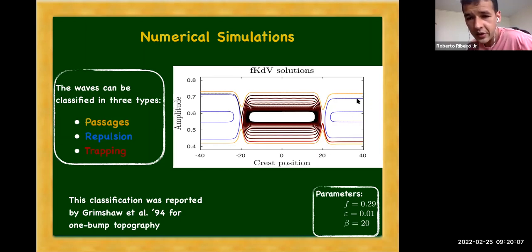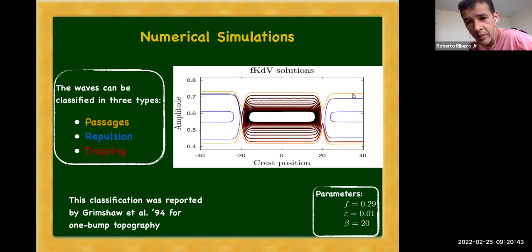So let's start here. Let's assume that we consider a wave that is initially located at this point, and whose amplitude is this one here. What we see from this picture is the following: this wave will travel, and when it reaches this bump here, it will just reverse its movement. So this kind of wave we call repulsion waves.